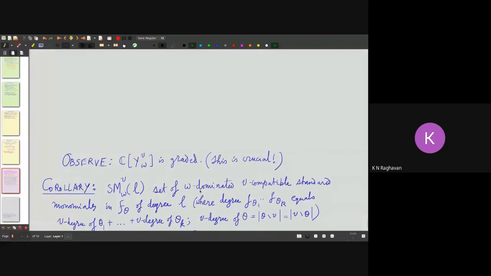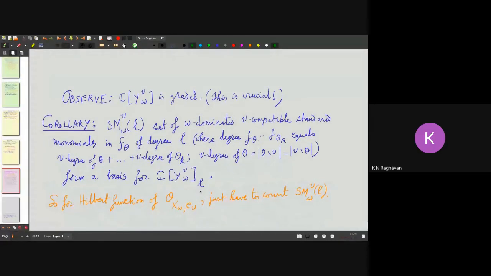Okay, so here is the corollary, and with this I finish today. So observe that this is graded, okay, because the f thetas were all determinants, and they were all homogeneous of the same degree. They were all homogeneous. So this is graded. Okay.